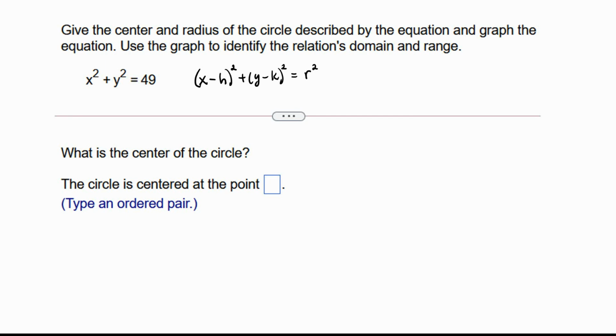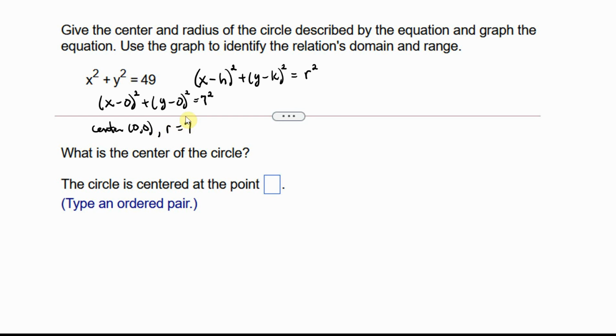You don't, because we can't see 0, right? Isn't this x minus 0 squared plus y minus 0 squared is equal to 7 squared? So it means that the radius is 7, but the center is 0, 0, because x minus 0 is just x, and y minus 0 is just y.